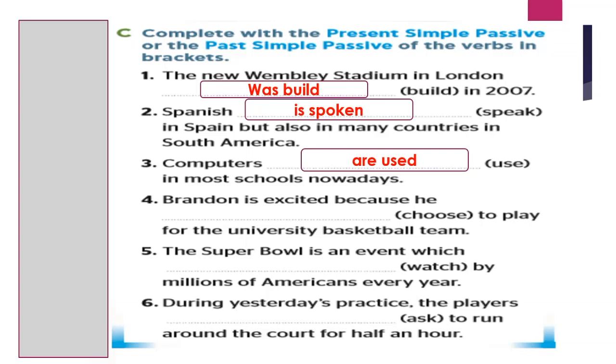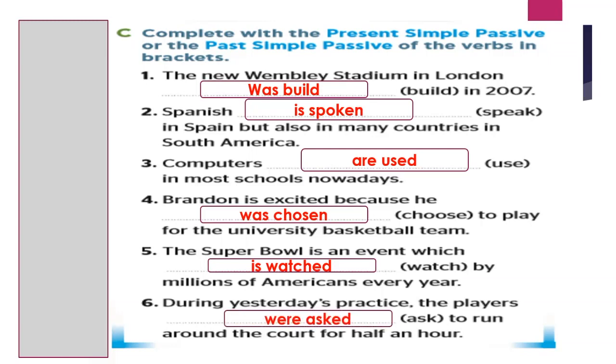Brandon is excited because he was chosen to play for the university basketball team. The Super Bowl is an event which is watched by millions of Americans every year. During yesterday's practice, the players were asked to run around the court.